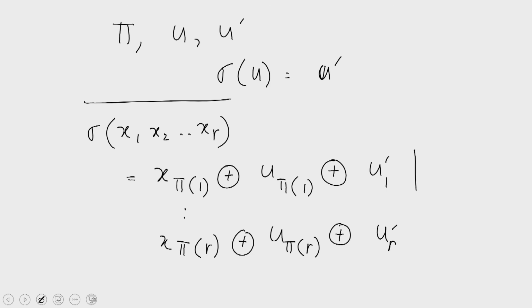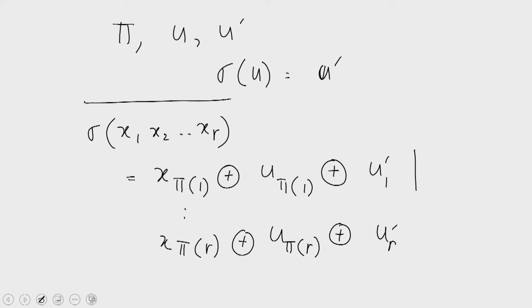So, a vertex that is labeled x1 through xr in the original hypercube will be relabeled in this fashion. The new label will be obtained in this fashion. The first bit of the new label will be the XOR of these 3 bits. You take the pi1th bit of x, the pi1th bit of u, and the first bit of u prime, take the XOR of these 3, that will give us the first bit of the new name of x1 through xr.